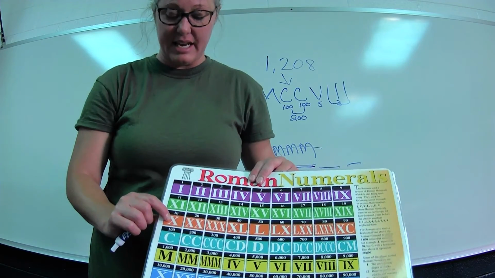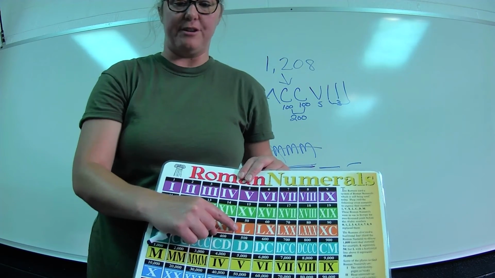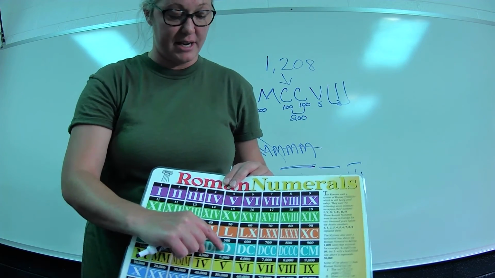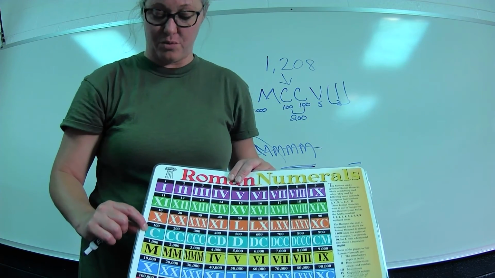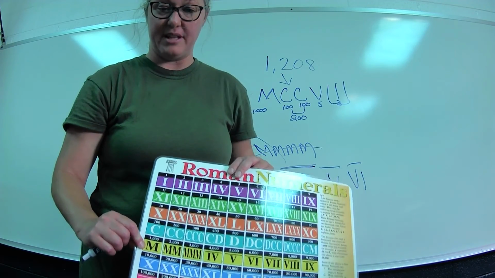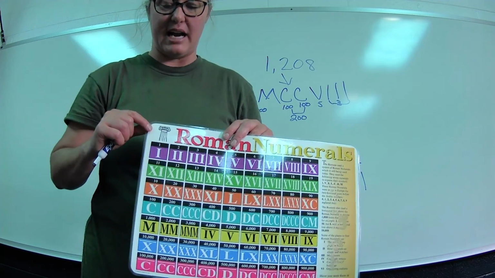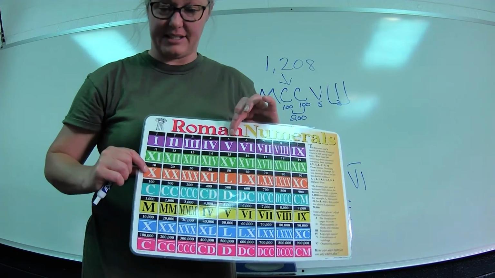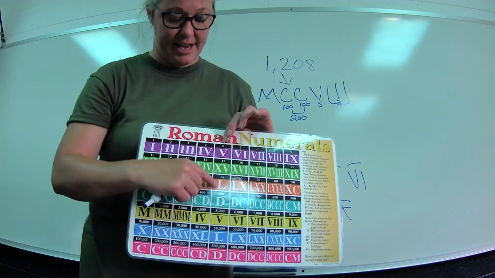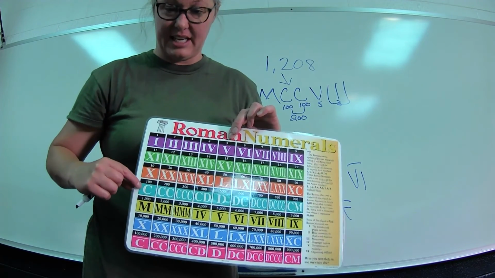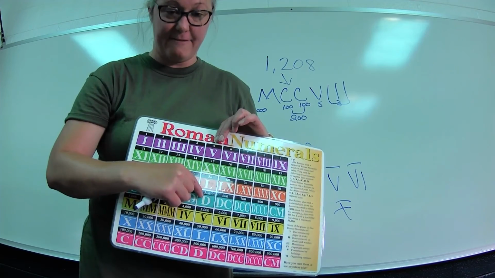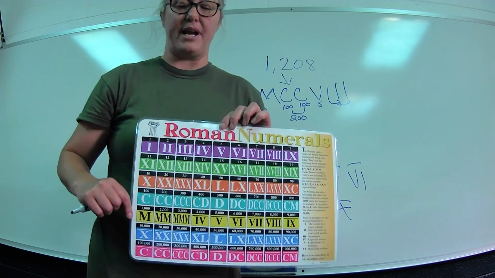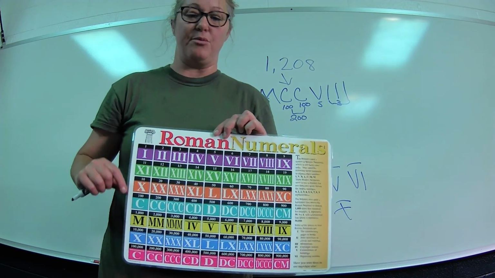And then you have L equals 50, D equals 500, C equals 100, and M equals 1,000. So I equals 1, V equals 5, X equals 10, L equals 50, C equals 100, D 500, and M 1,000. So put those in your brain and start practicing those basic Roman numerals.